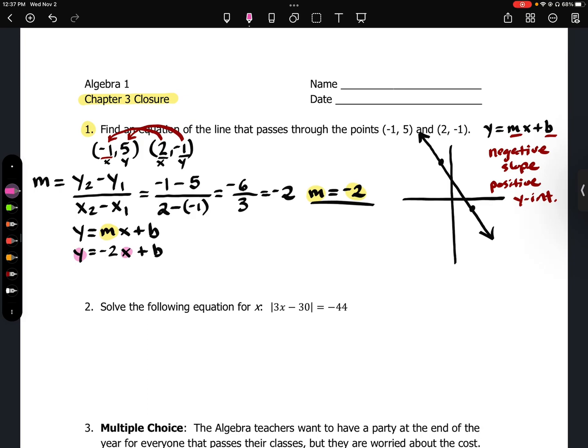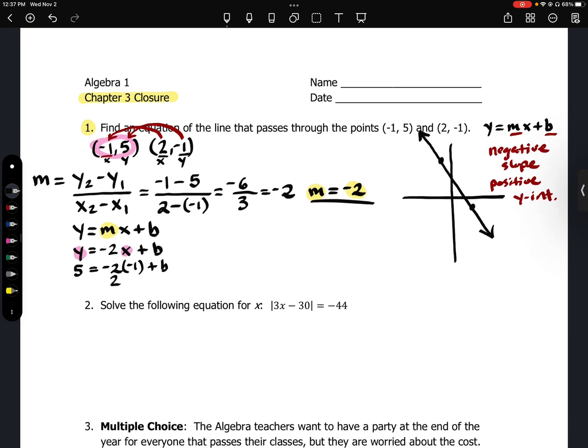You can use either of the points. I'll use this one. So I'm going to plug in my y for y. So it's 5 equals -2 times -1 plus b. -2 times -1 is 2. So when I subtract 2 from each side, I'm going to end up with 3 is equal to b.